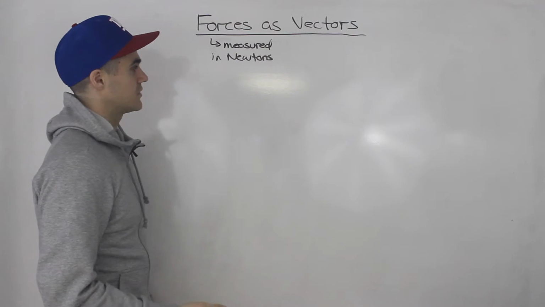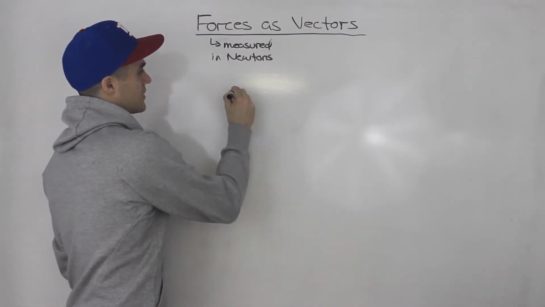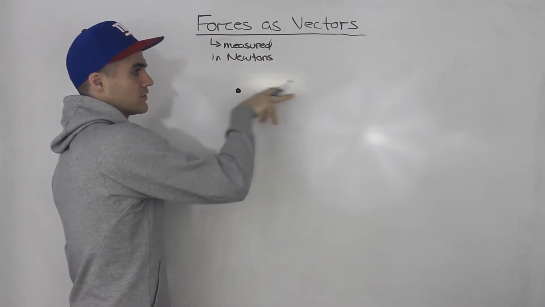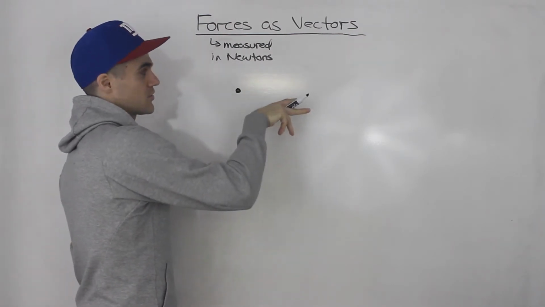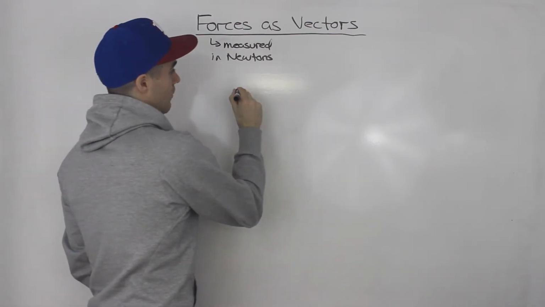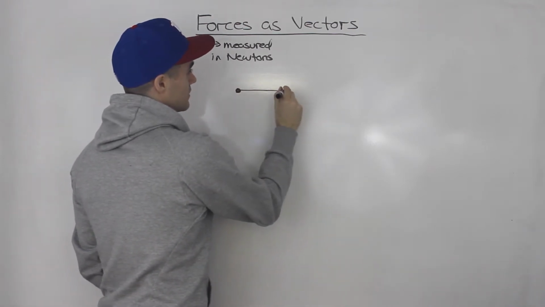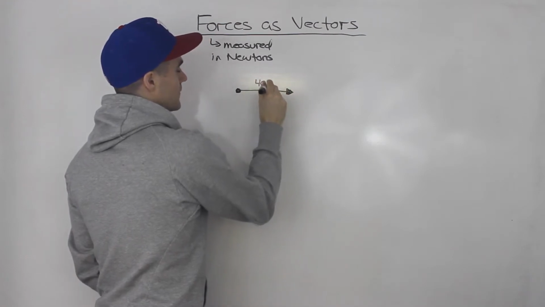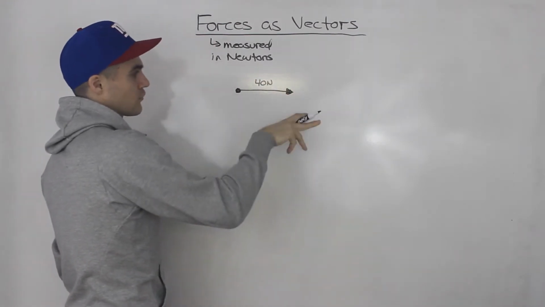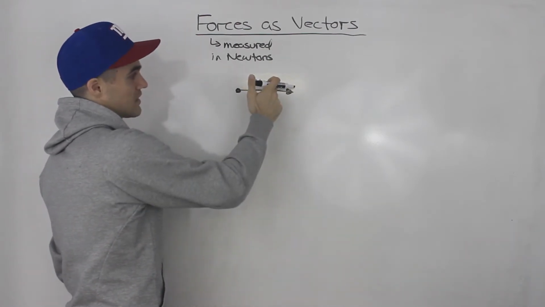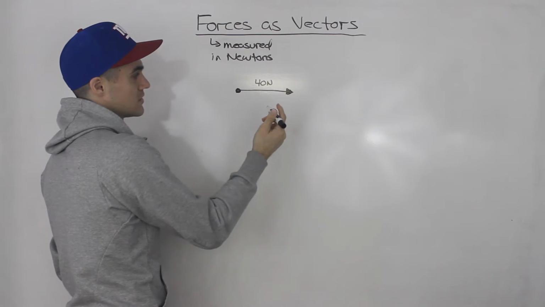So let's start off with a simple example. Let's say that we have an object here, and it is being pulled in this direction, or pushed in this direction, by two forces. So let's say that one force is pushing it 40 newtons. And then we have another force pushing it. Let's say it's pushing it at half of this force, which is 20 newtons.